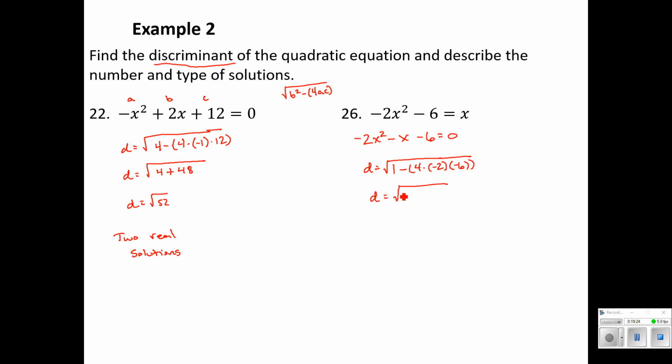We get the square root of 1 minus, this will be a positive, so minus 48. Discriminant is the square root of negative 47. Since that radicand, what's under the square root, is negative, we've got 2 imaginary solutions.